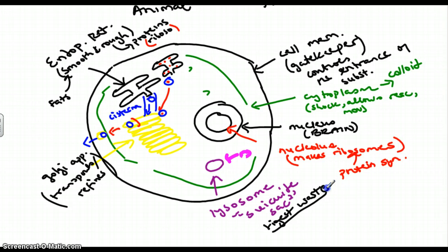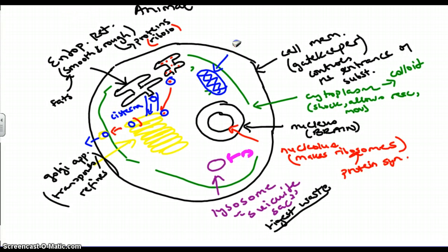Then we have another cell part called a mitochondria. What a mitochondria looks like is an oval shape with tiny little grooves within it. So that is a mitochondria.